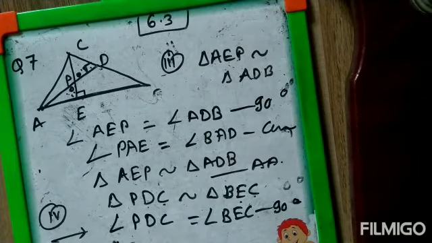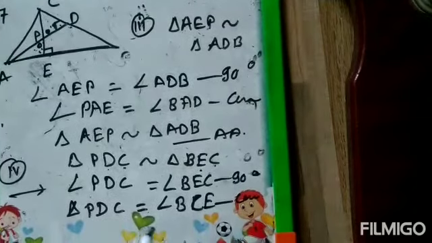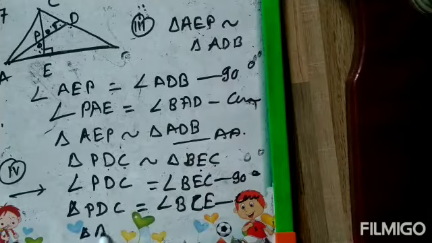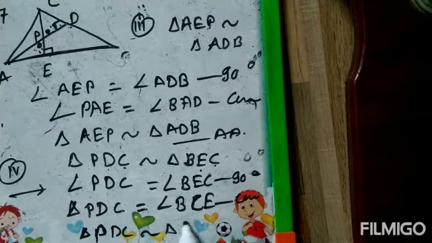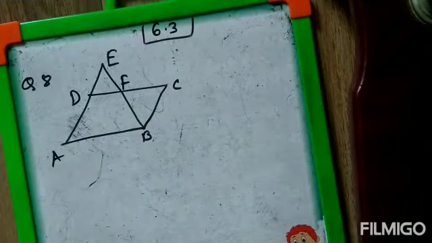So triangle PDC is similar to triangle BEC by AA similarity criteria. Hence proved.